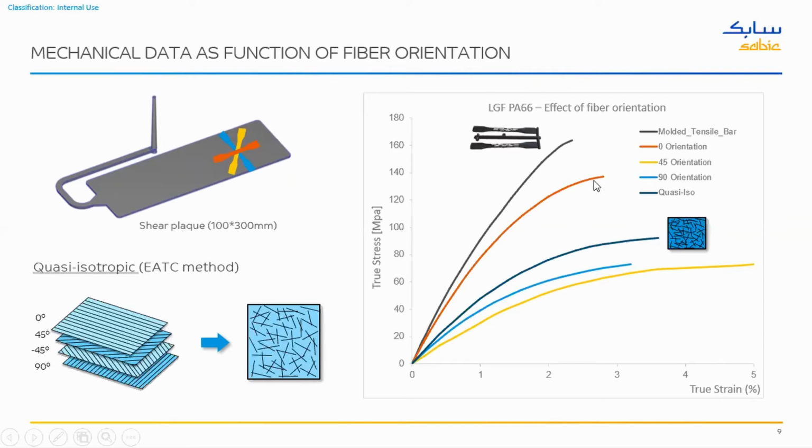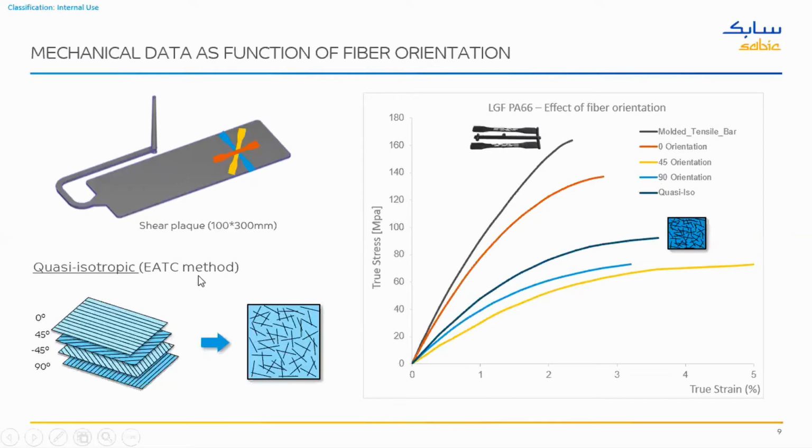The orange line is the stress-strain data at 0 orientation, which shows that even for the shear plaque, the majority of the fibers are in the flow direction. The other two, 45 and 90, show lower fiber orientation, and that's why you see the lower properties. The direct molded tensile bar, as we expected, shows very high properties.